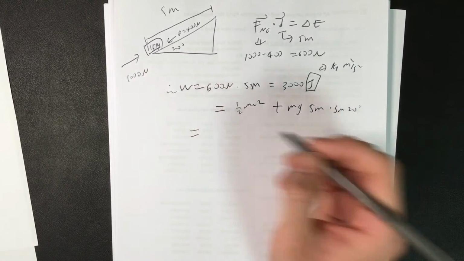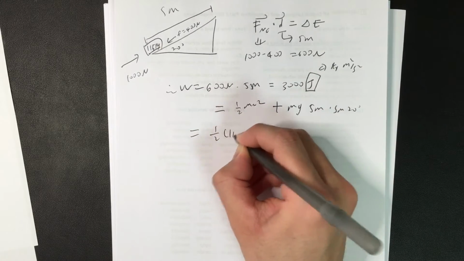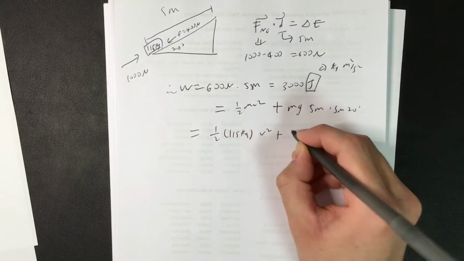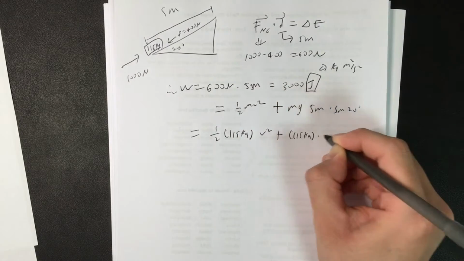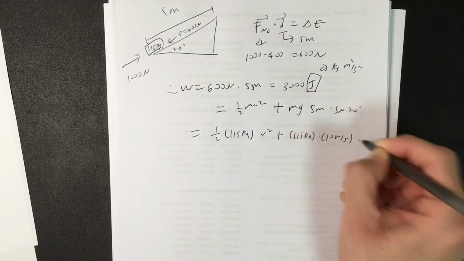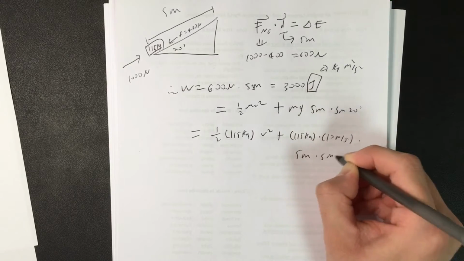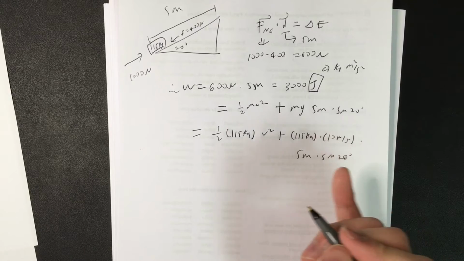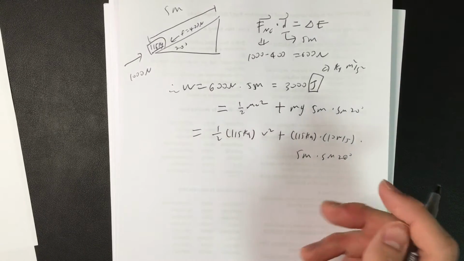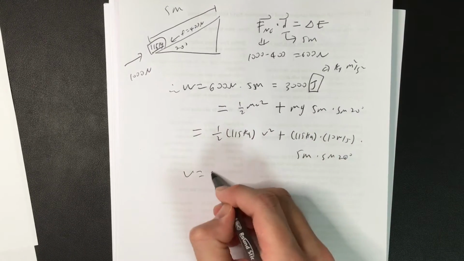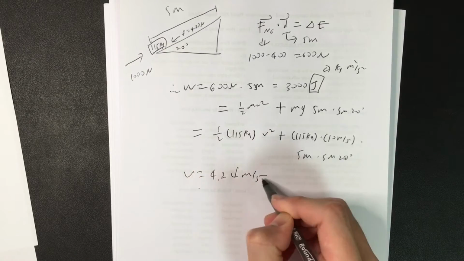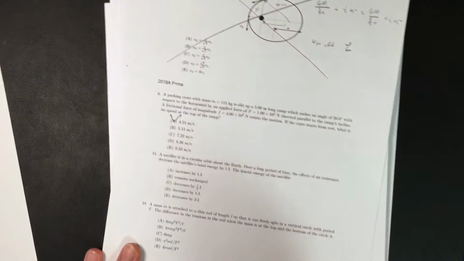Plugging in the numerical values, this would be 1/2 times 115 kilograms times velocity squared plus 115 kilograms times 10 meters per second squared times 5 meters times sine of 20 degrees. Solving for v by plugging into the calculator, I get v equals roughly 4.24 meters per second, in which A would be the answer.